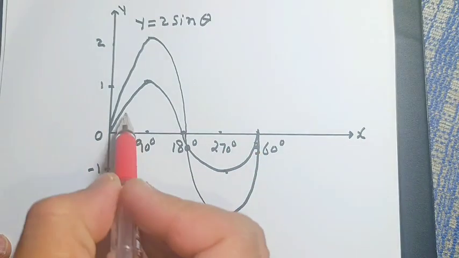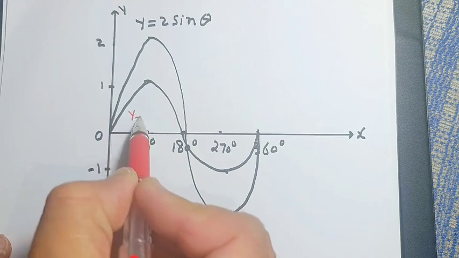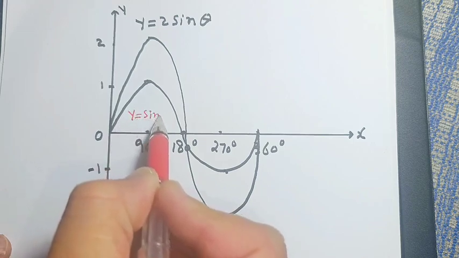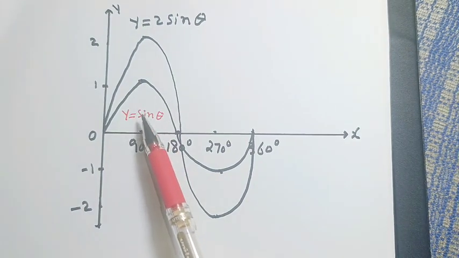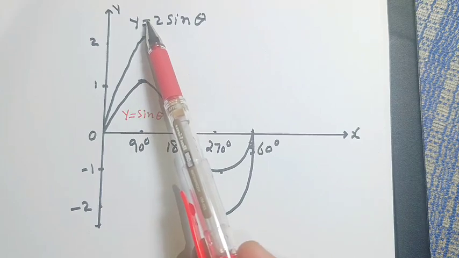The bottom graph is y is equal to sine theta. So you can see the graph stretches vertically.